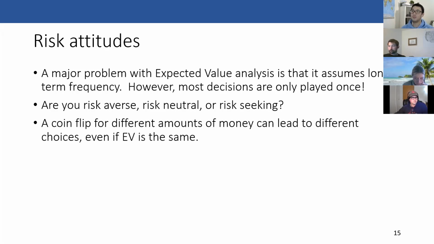What would you then take? And then you could be even more extreme. Let's say I flip a coin for $0 if you get tails, $10 million if you get heads, or would you take a guaranteed $5 million? In all of those cases, the expected value is the same, but I'm willing to bet that a lot of you would change your decision based on the quantity of money in that scenario.